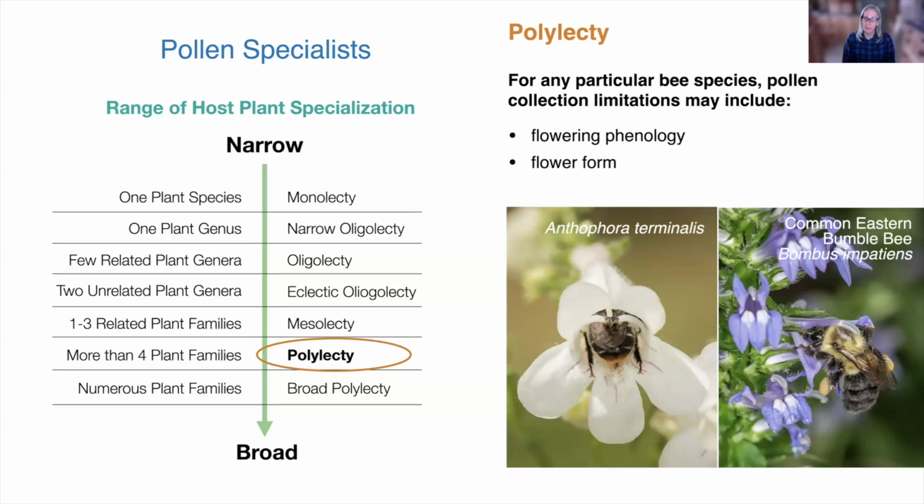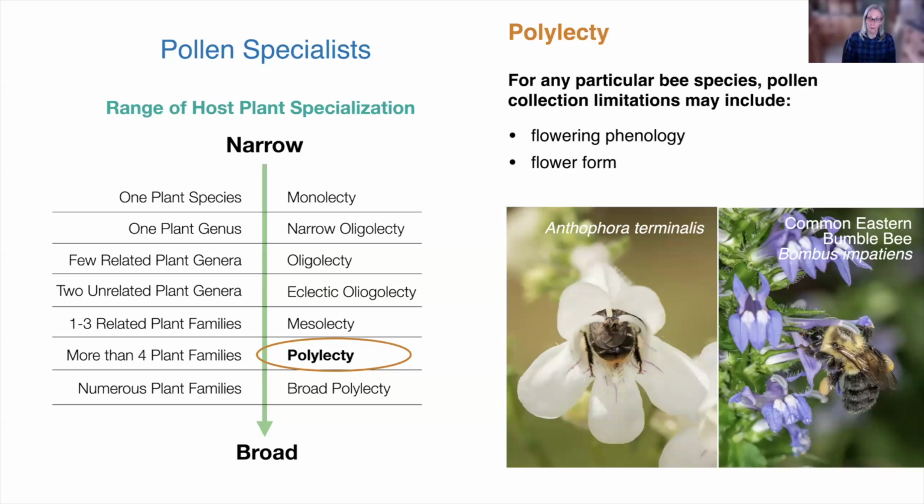But some of these solitary bees that are polylectic still have a narrower range of flowering plants that they may visit. That can be influenced by when the particular plant is blooming and when the bee is active. Similarly, the shape and structure of a flower, whether it's complex or simple in form, may start to limit the type of bee that can visit that flower.